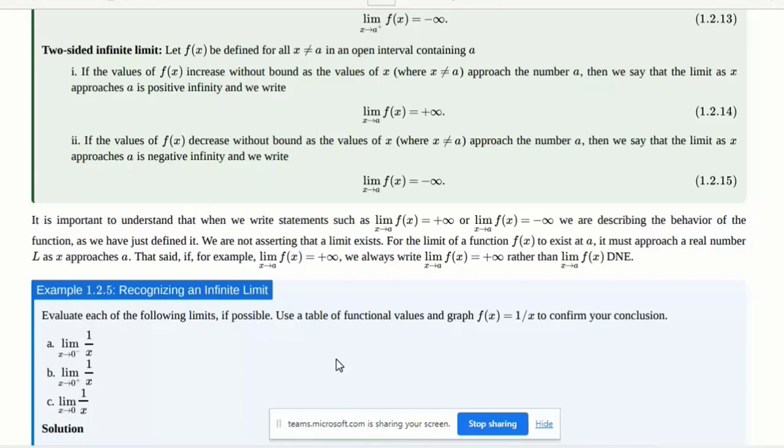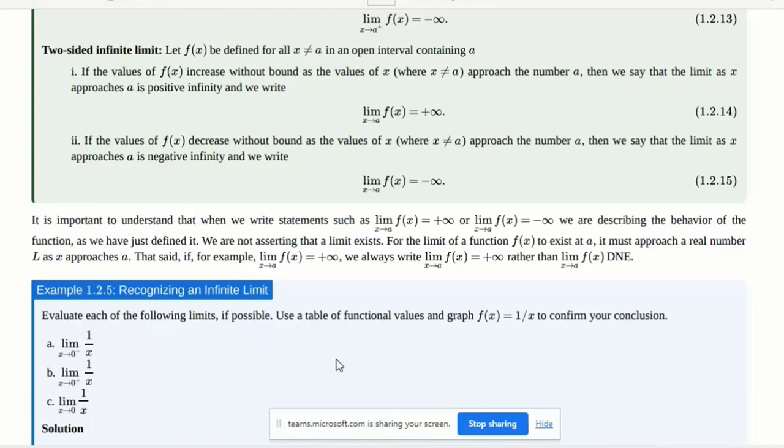So the limit of the function as x approaches 0 does not exist, because we are dealing with two limits, and the limit as x approaches 0 from the left is not equal to the limit as x approaches 0 from the right.